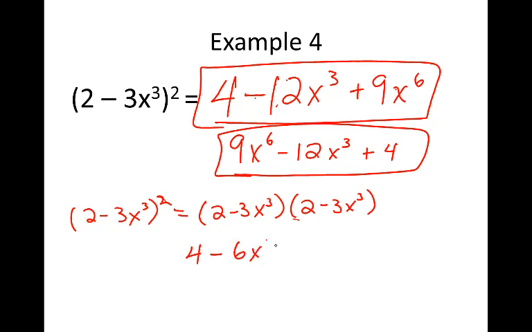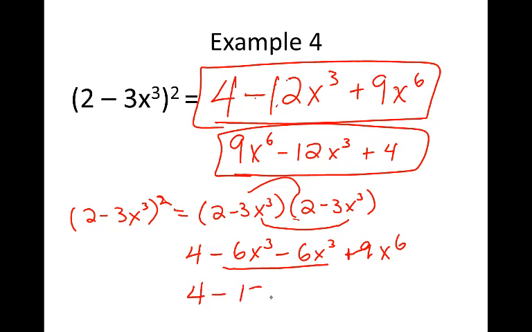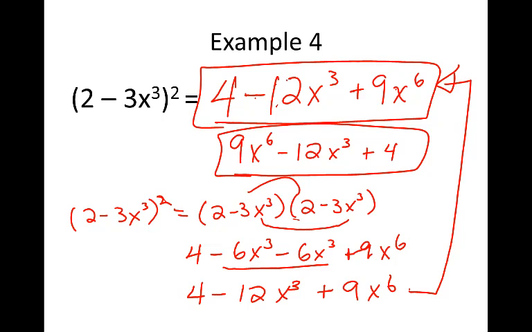And then 3x cubed times 2 would be another minus 6x cubed. And then negative 3x cubed times negative 3x cubed would be positive 9x to the 6th. And you see we get exactly the same thing when we combine these terms right here. 4 minus 12x cubed plus 9x to the 6th. Either way you do, it's fine. So these take a little practice.